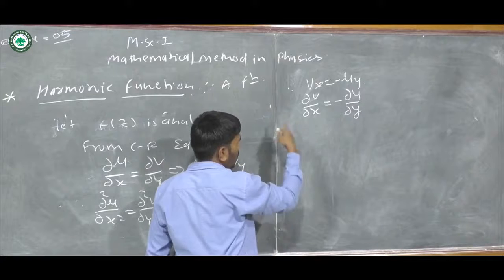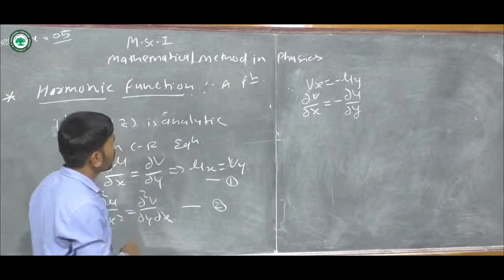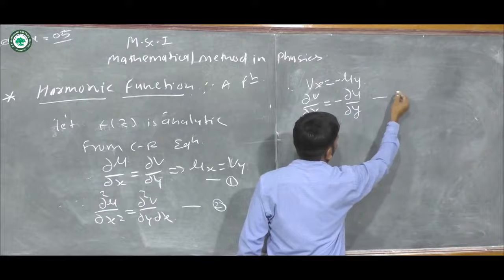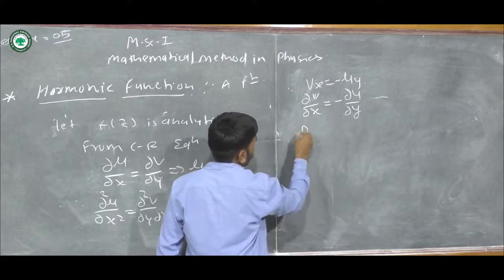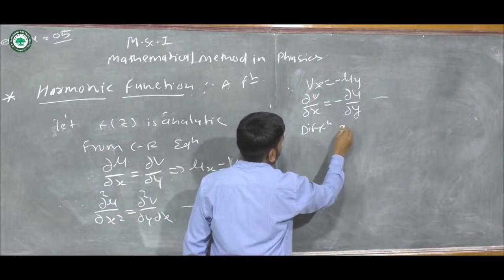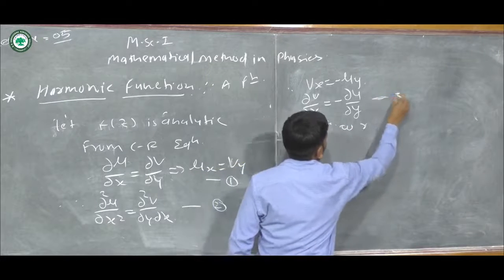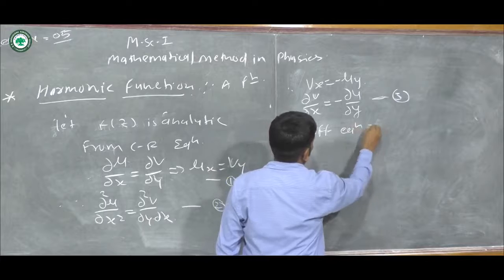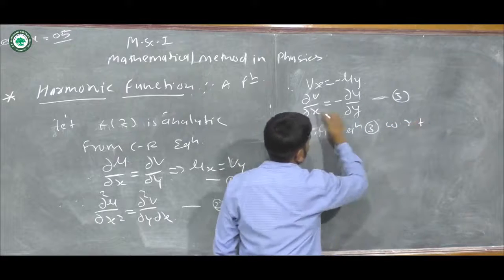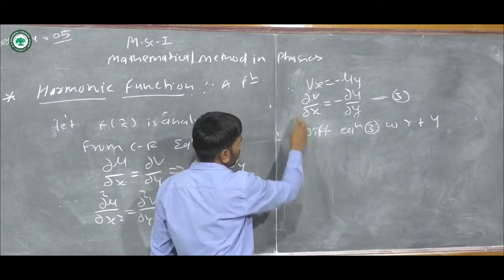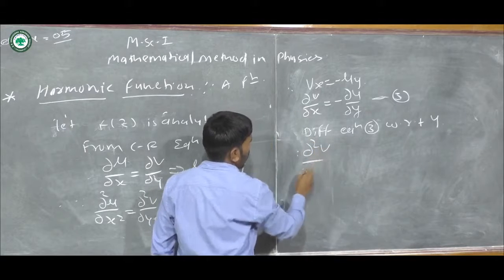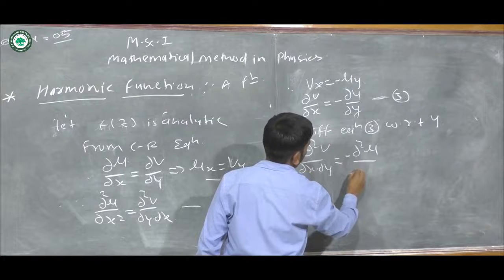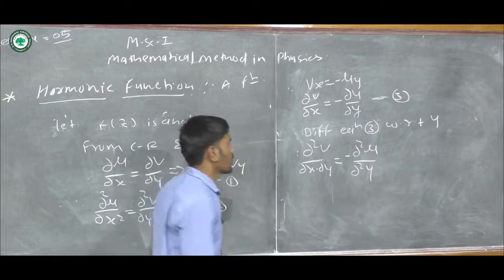Now if I differentiate this equation number 3 with respect to y, it gives the second derivative dou square v by dou x into dou y is equal to minus dou square u by dou square y. Okay, this is equation number 4.